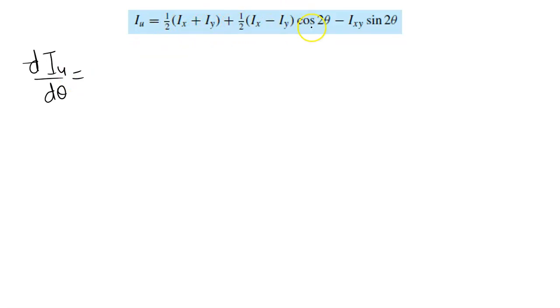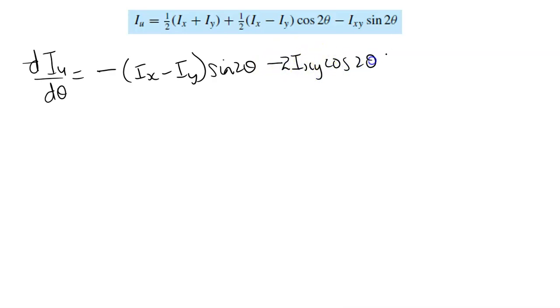Second term, you're going to have 2 multiplied by 2 here, you're going to get rid of that half. You're going to get minus sine 2 theta, so it just becomes minus. Differentiate sine 2 theta here, you're going to get positive cos 2 theta, so you have to have that 2 out there. And you want this to be equal to 0.